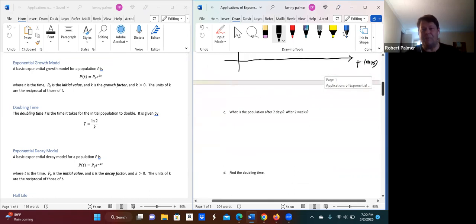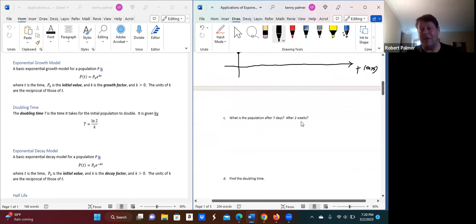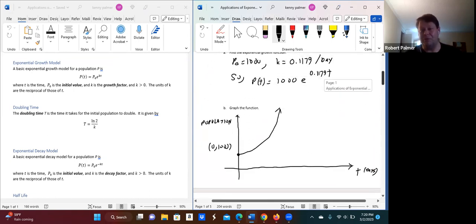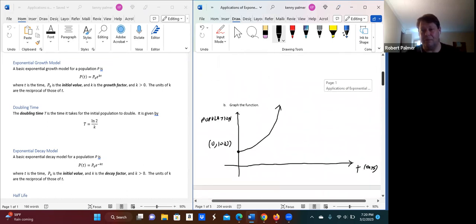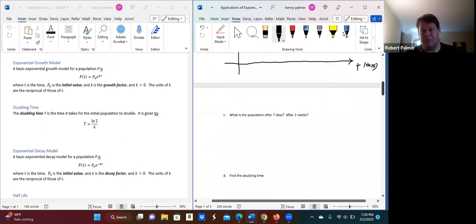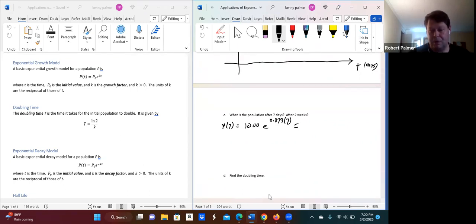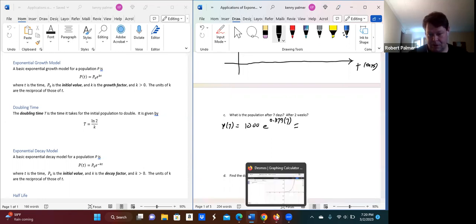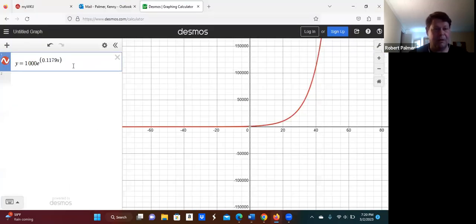Now, what's the population after 7 days? So the way we find that is just plug that into our function. So P of 7 is equal to 1,000 times e to the 0.1179 times 7. We can actually do this on Desmos. Let's go back there.